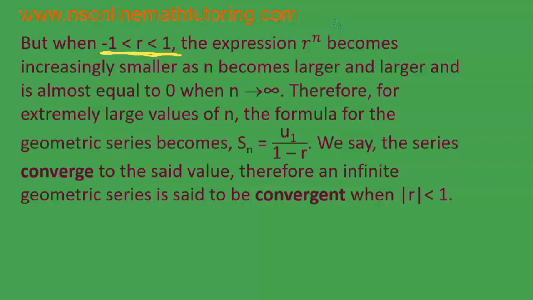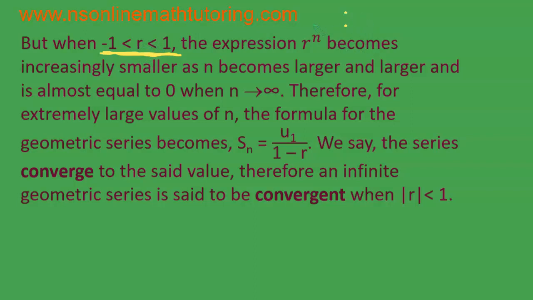Of course, r is not equal to 0. That is another case. If the common ratio is equal to 0, how can you have the next term divided by the previous term? So r is not equal to 0 either, because within this range there is a value of 0 which r cannot take.